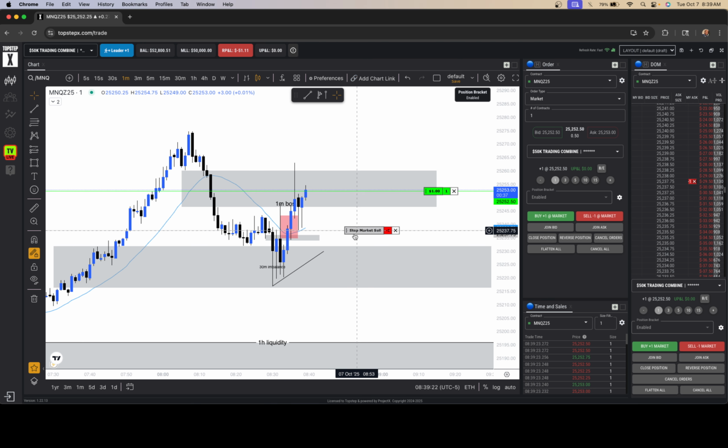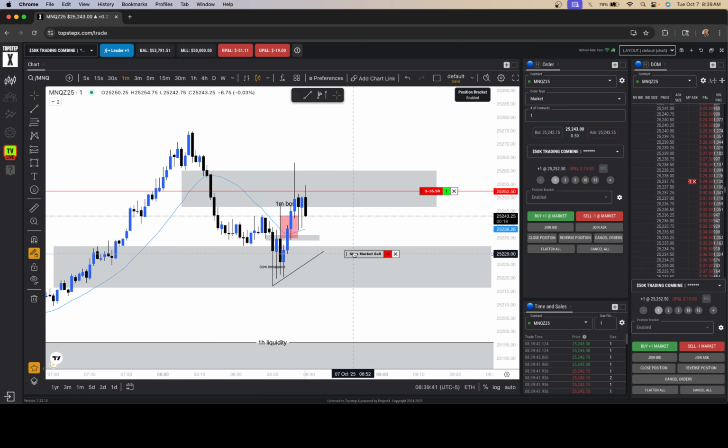Slightly risky buy though, but since we're inside of that 5 minute imbalance. We rejected out of this imbalance. We have our high, our lower low. We may come back down further. I'm going to sit this stop loss right here and see if we can get another pushback to the upside.